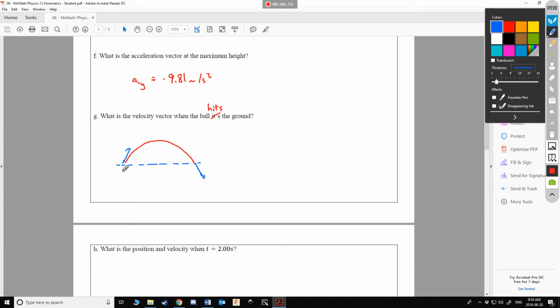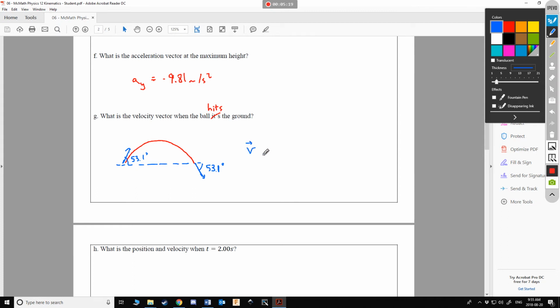So if this vector is 53.1 degrees, I know this vector is 53.1 degrees as well. So instead of up, it is down. If the magnitude of that velocity vector was 37.0 meters per second, then the magnitude of this other vector is also 37.0 meters per second.